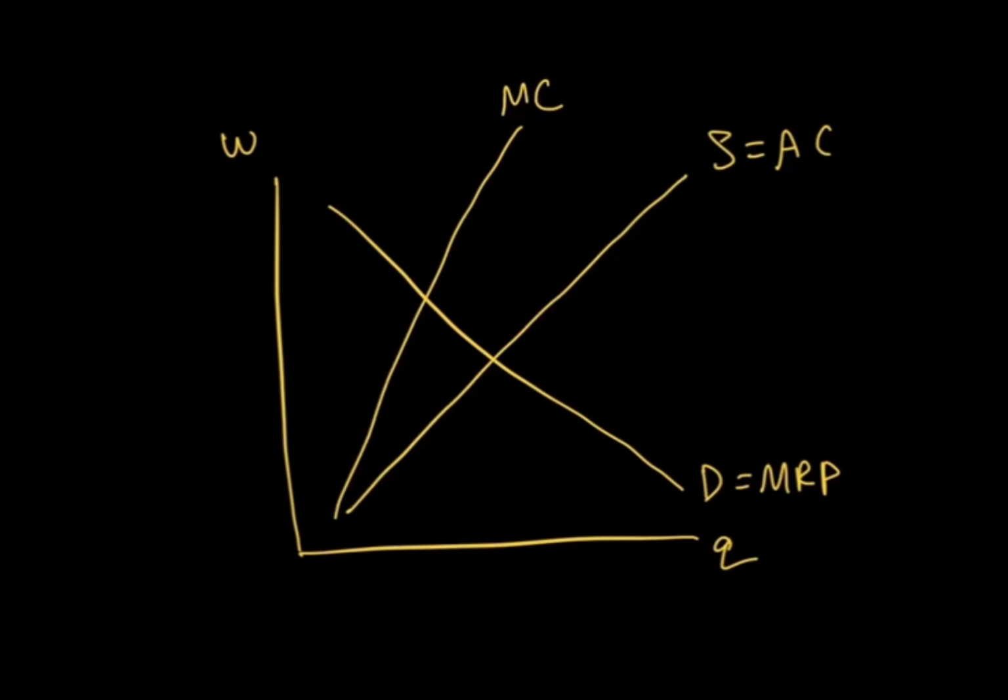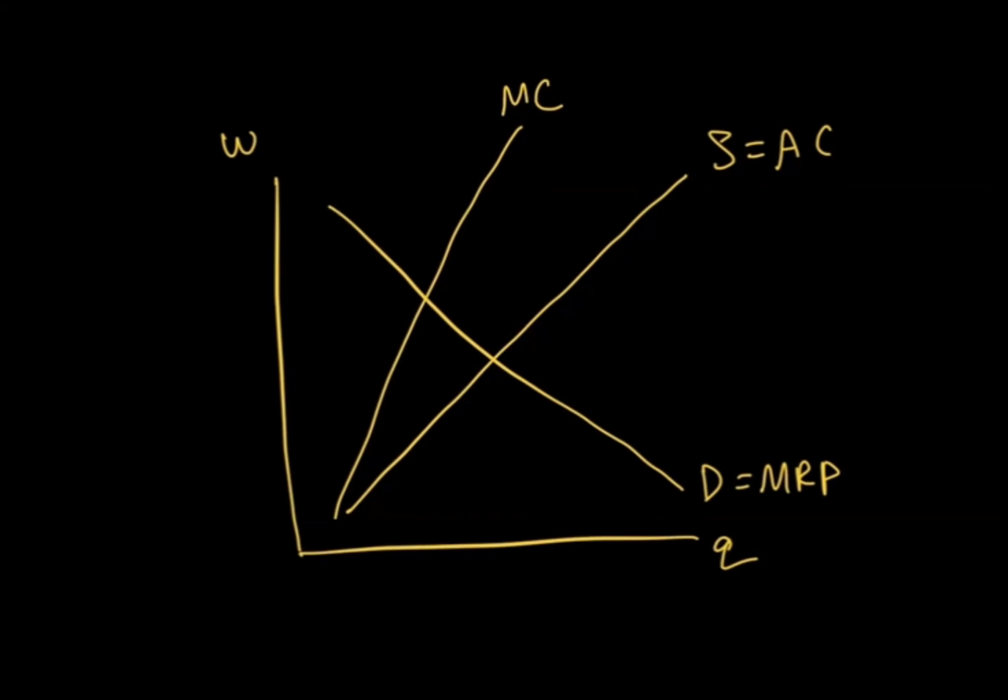Why is the marginal cost steeper? Is it because if you pay one worker a certain wage, you have to pay all of the workers that wage? Yeah, the cost for every next worker is more.